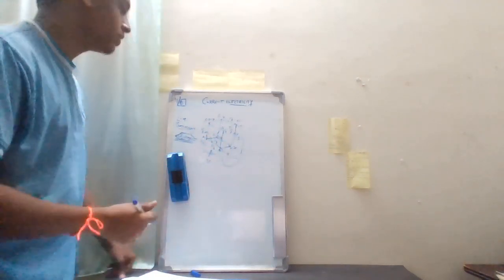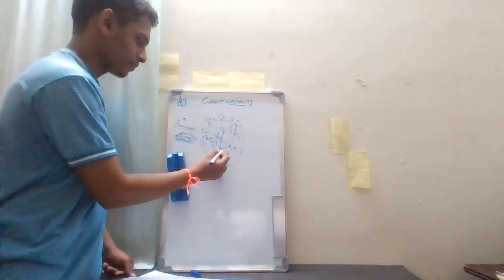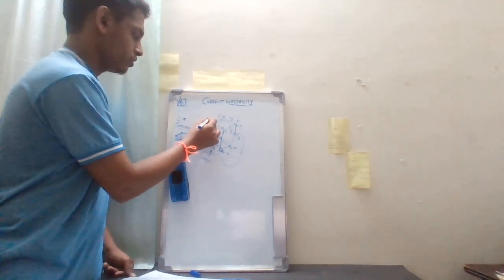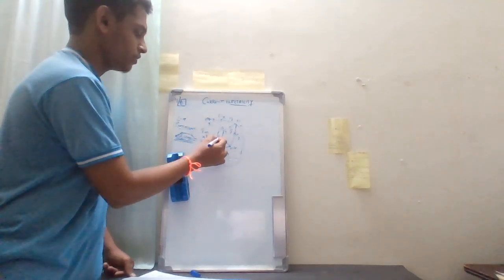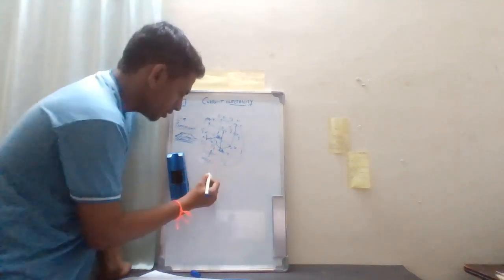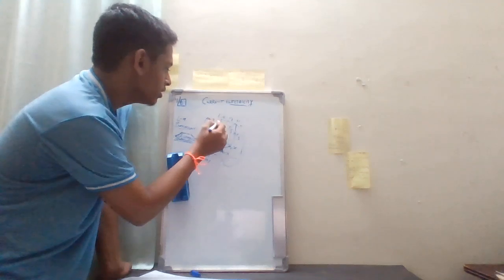Now we'll apply KCL somewhere here. If we consider it to be 100 volts, 100, we are covering two of such questions. So 100 minus X, then we'll apply somewhere here.